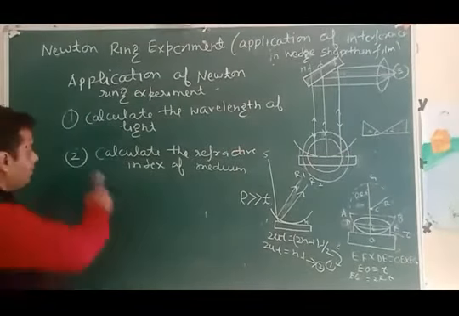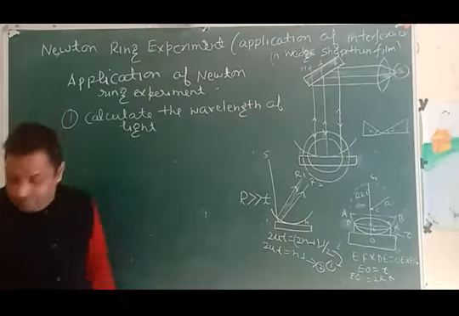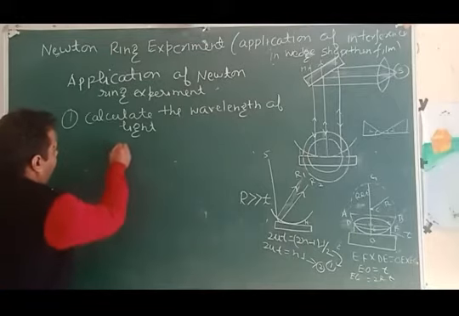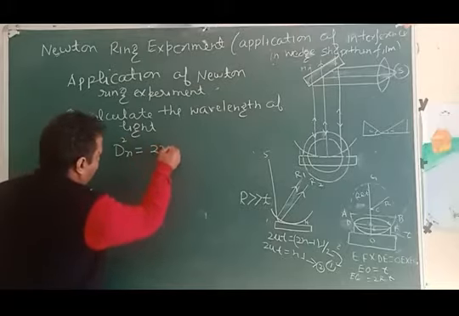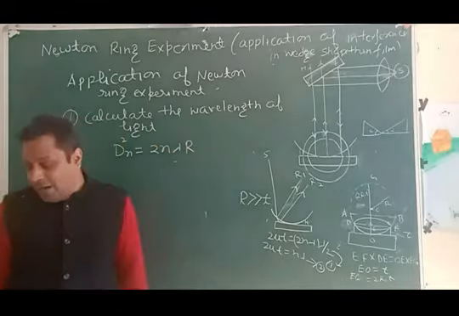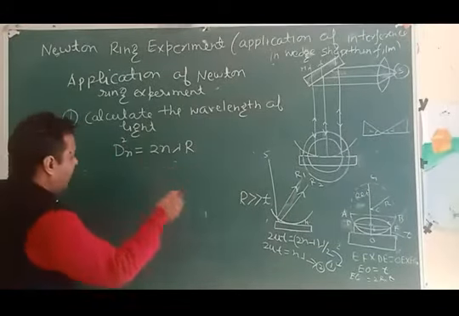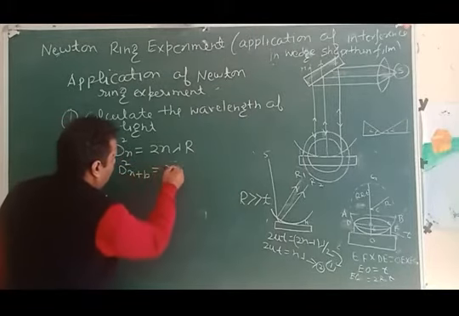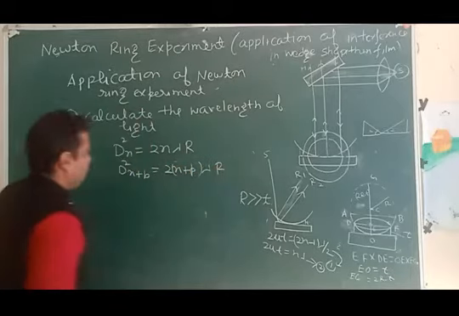Now, first of all, we will discuss the wavelength of light using the Newton ring experiment. So, the diameter of the dark fringe is d square n equals 4 n lambda r. Understand? And the next fringe is d square n plus p equals 4 n plus p lambda r.